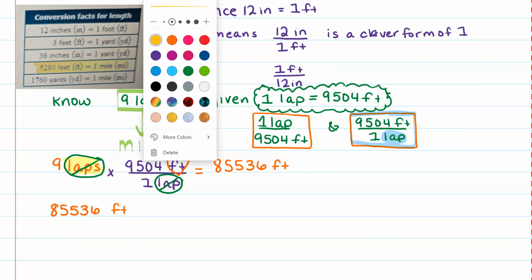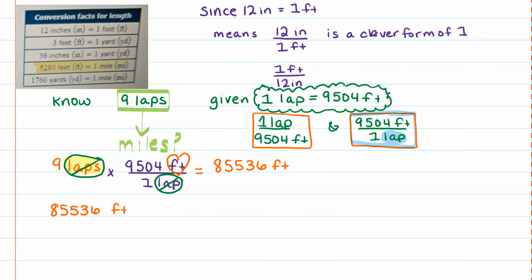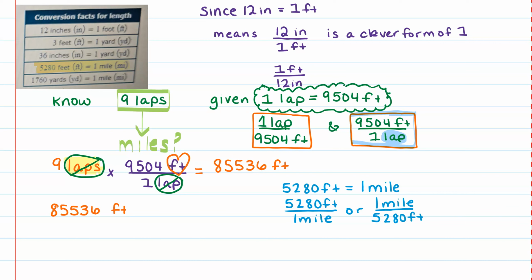So let's write that down over here. 5,280 feet equals 1 mile. So that means the conversion that we're using is either 5,280 feet over 1 mile, or 1 mile over 5,280 feet. So now, which one are we going to use?